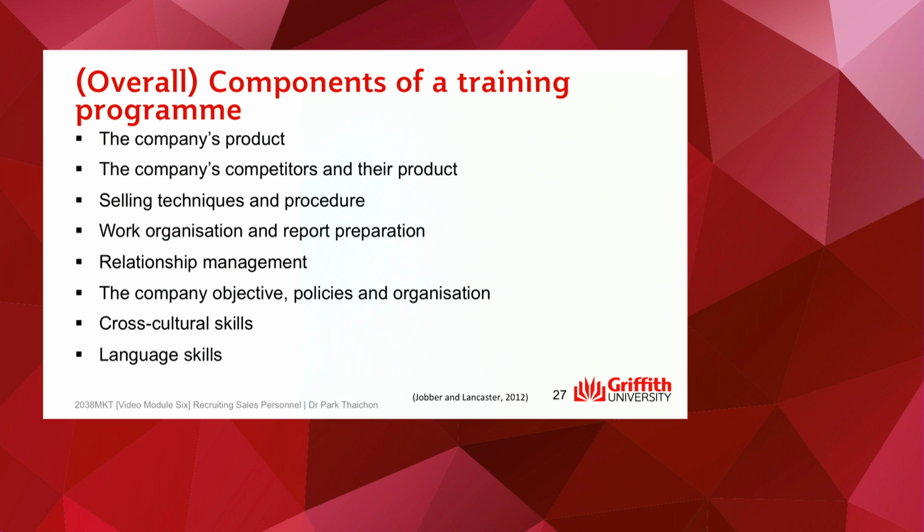Train about customer needs, customer style, and work organization. Train about how to create relationships with our client, and language skills, how to talk with our client and that type of thing.